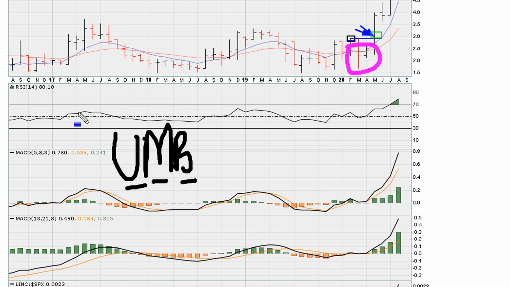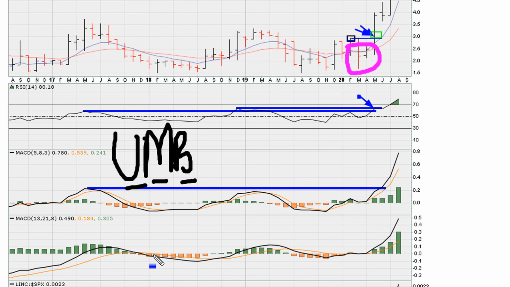Now let's test the ultimate Muathe breakout. We can see as of May, the RSI was moving to 3-year highs. So really that is confirmed right here. We can take a look at the MACDs. Remember, only one of the MACDs needs to be breaking out.